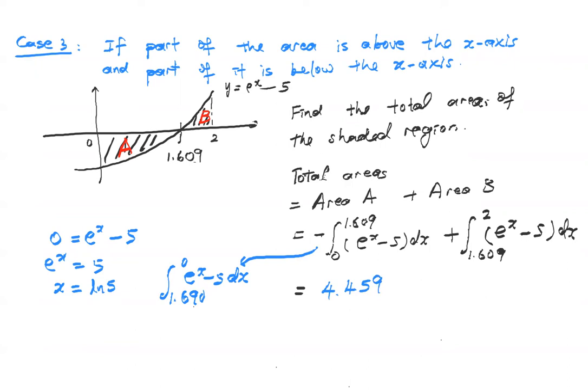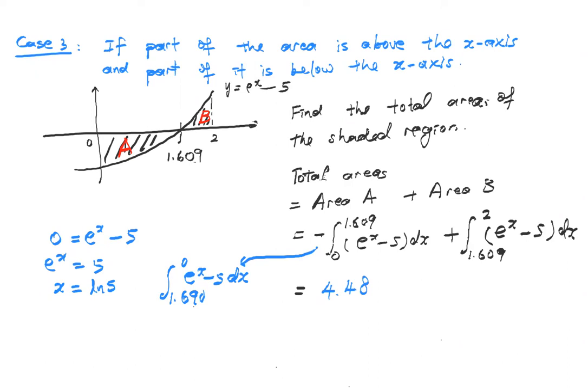You got 4.48. You use 1.609. Some of you, if you use ln 5, will get a different answer, definitely. Okay, you get 4.48? So a little bit different, but if you use 1.609, you should get 4.48.